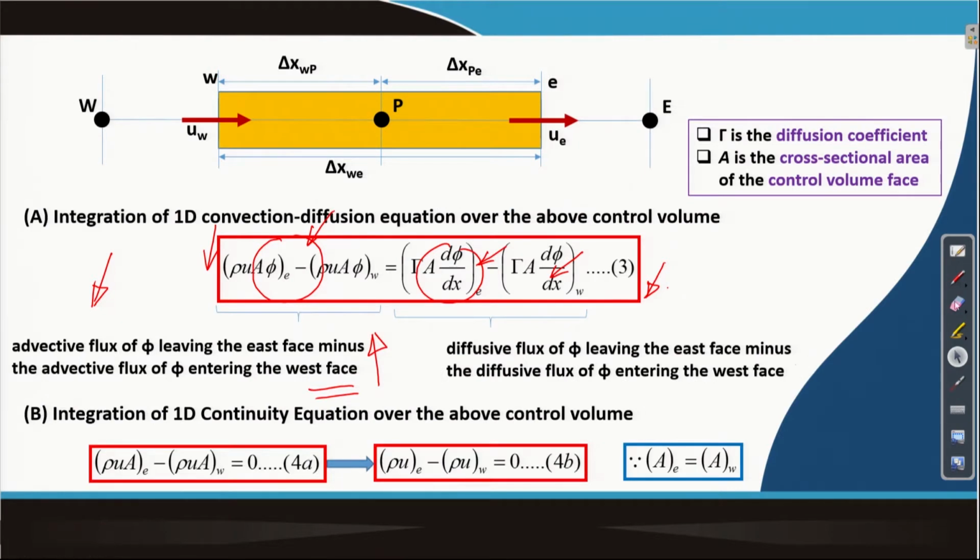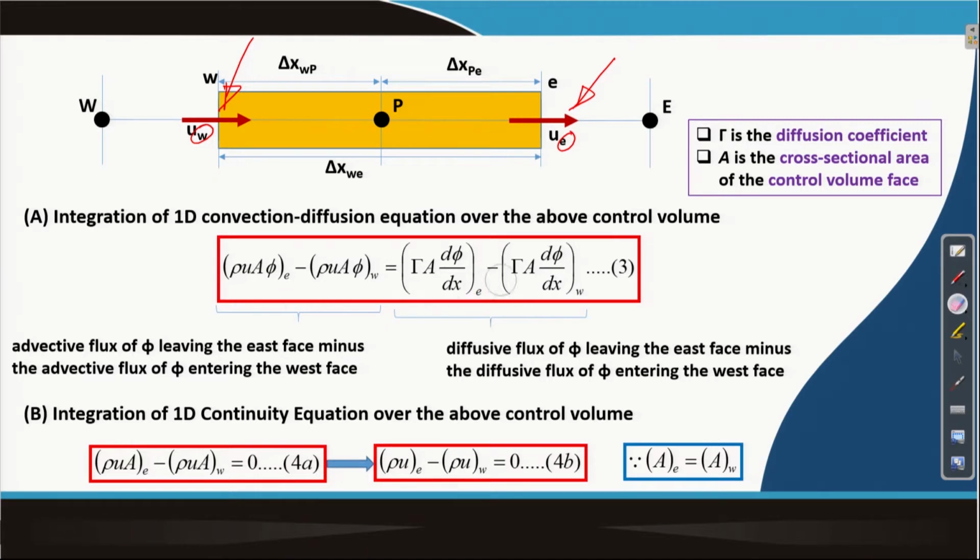So, for that we will go to the next slide, and in the next slide what you see is that we have further marked that the velocities exist, and the velocities could be defined at the interfaces like we have marked over here. So, u with a suffix e corresponding to that interface small e, and u with a suffix w corresponding to the interface w.